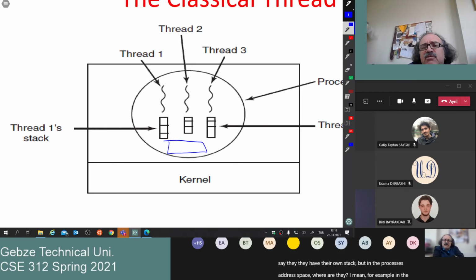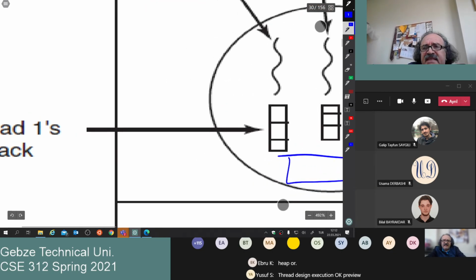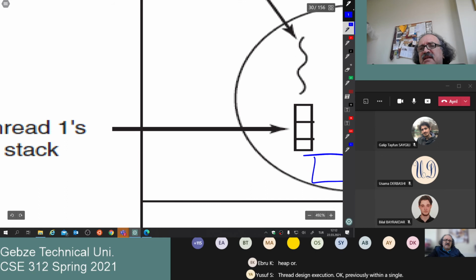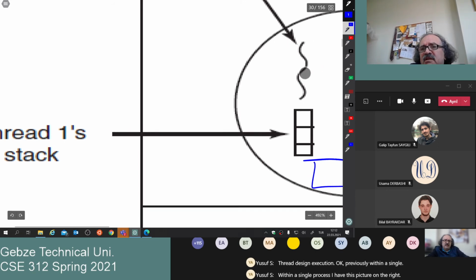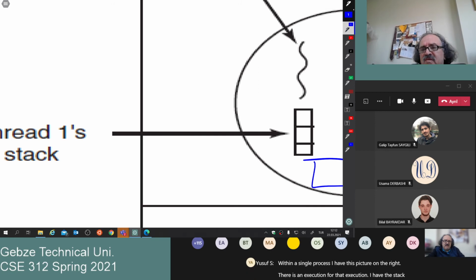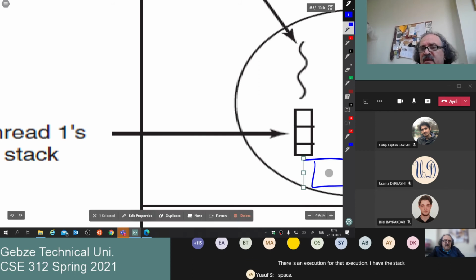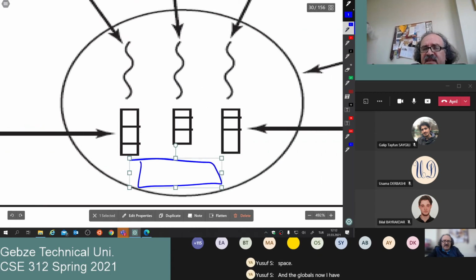A thread is an execution, okay? Previously, within a single process, I have this picture only, right? There is an execution. For that execution, I have the stack space and the globals. Now I have three executions, and for each one there is a stack space, but they share the globals.